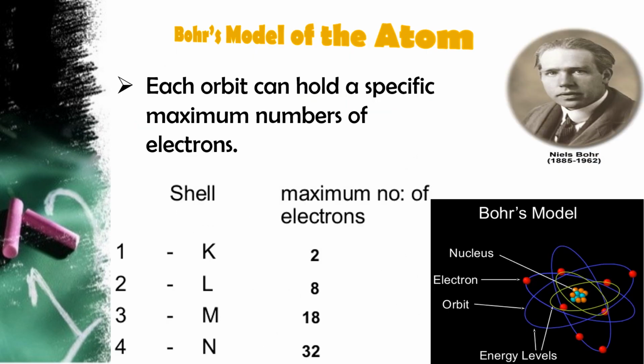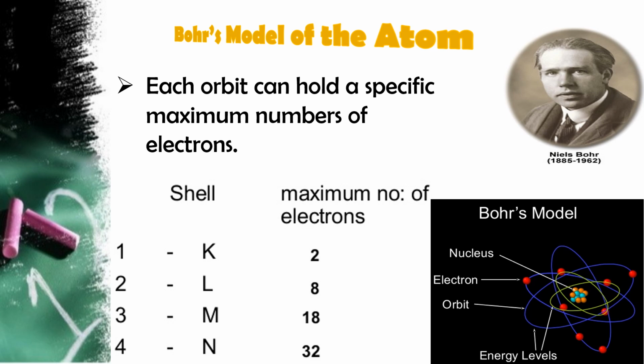Okay. So Bohr's model of the atom says that each orbit can hold a specific maximum number of electrons.